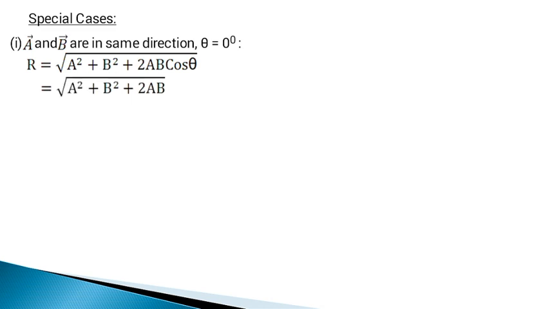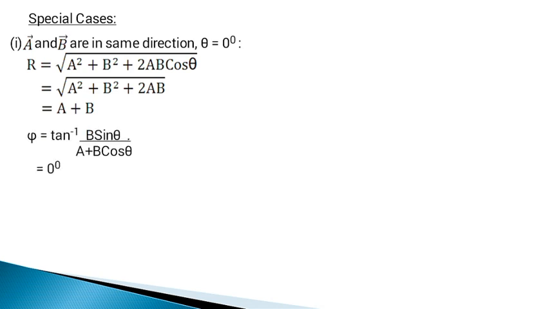So R equals root over A square plus B square plus 2AB. But A square plus 2AB plus B square equals A plus B whole square. So this leads to R equals A plus B. So if two vectors are acting in the same direction, the resultant can be obtained by simple arithmetic addition of the magnitudes of the two vectors.